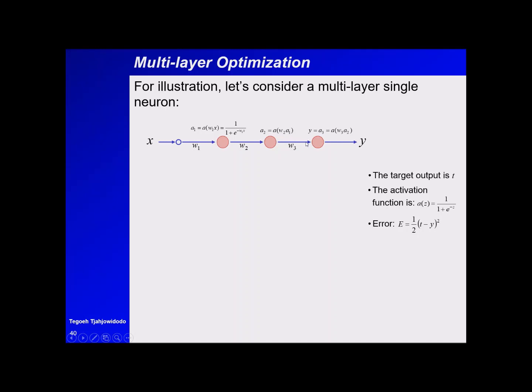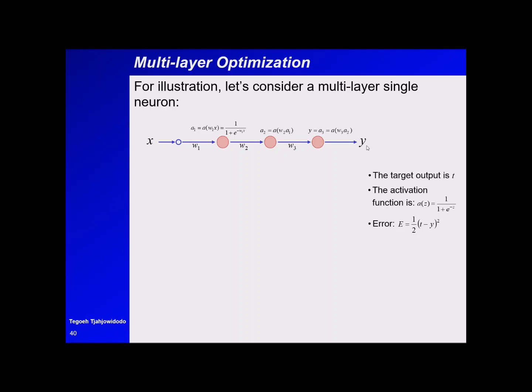And then multiplied again by W3 and evaluated for the activation function. And then the output here, A3, which is the activation function value for Z equal to W3 times A2, is the output of this network. So it's equal to Y.